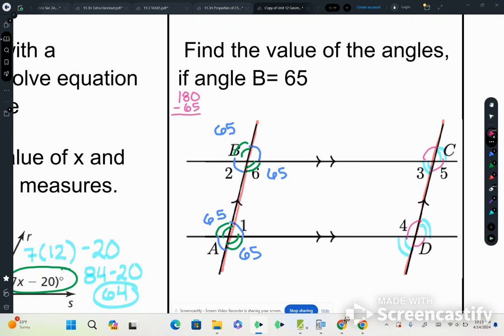So when we subtract that, then we know that that is going to be 115. So we know that this angle is 115, angle 2 is 115, angle 1 is 115, and angle A is 115. And so that's taking care of that one line.